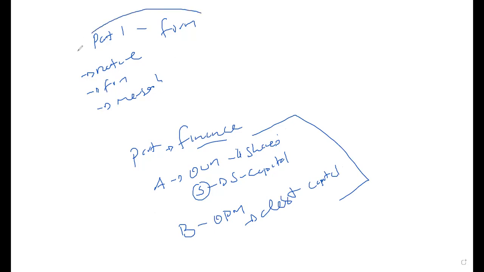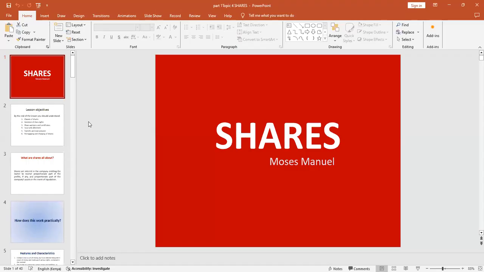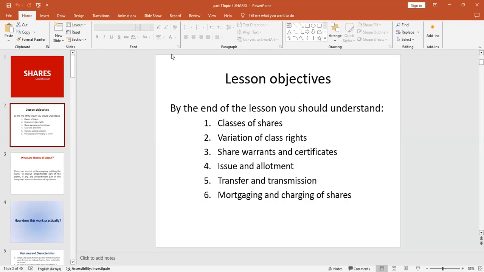So we are done with issues surrounding formation of companies. Now we are looking at issues surrounding the financing of companies. That means you're going to start with shares, which is where we are. Under shares, we are supposed to understand a bunch of stuff.